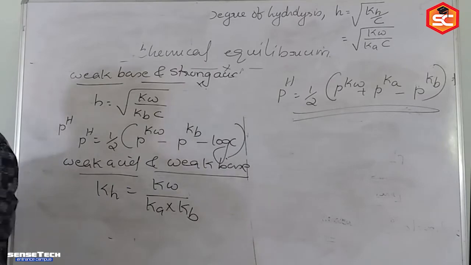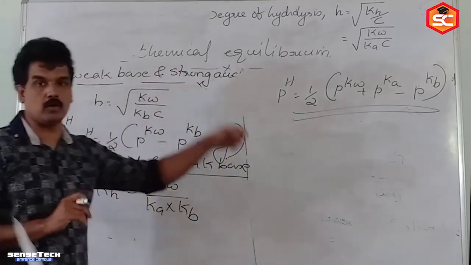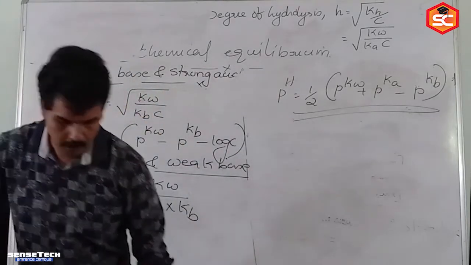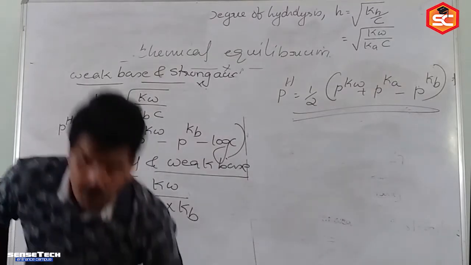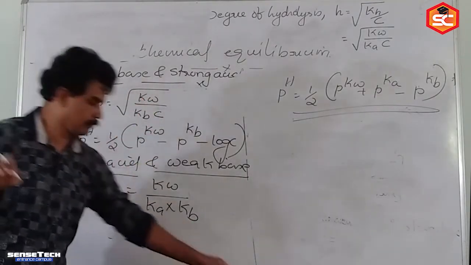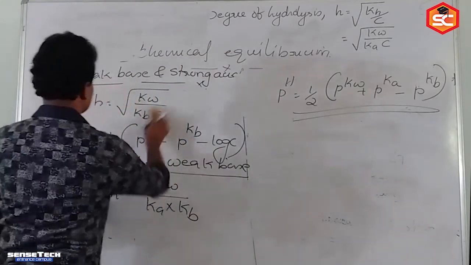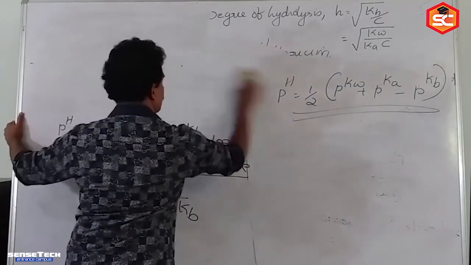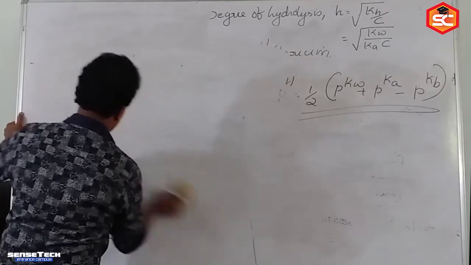This formula you must know thoroughly, because based on the formula only you will be getting the questions. Numericals they are asking for weak acids and weak bases, so you must be thorough in that concept.